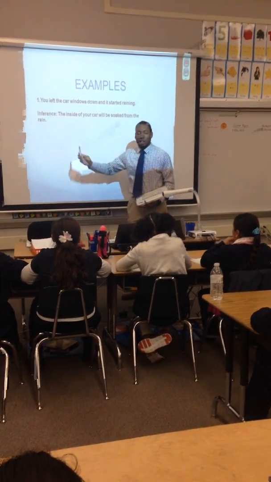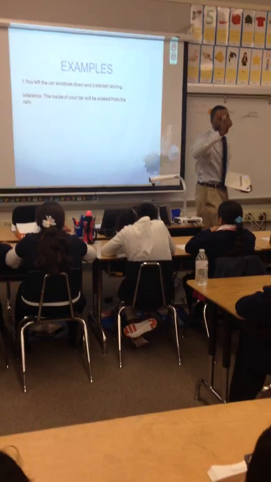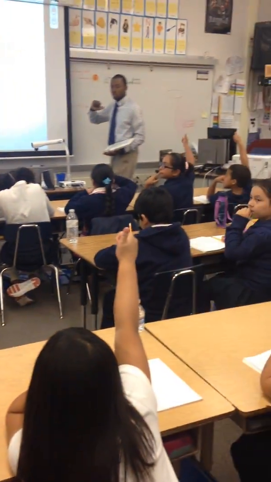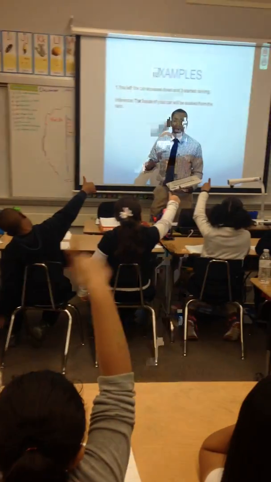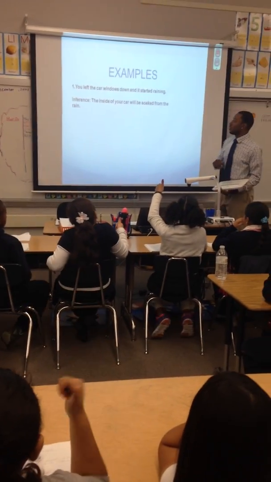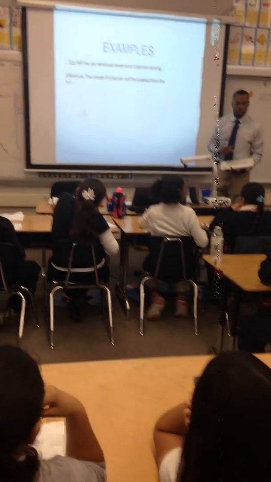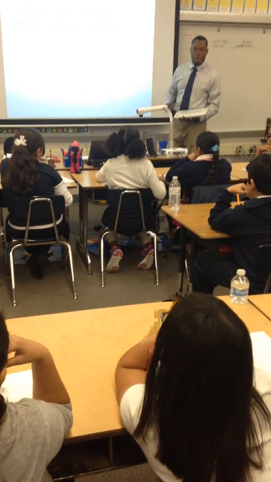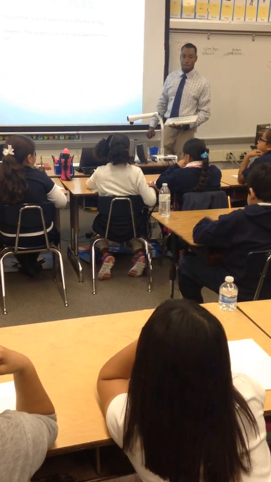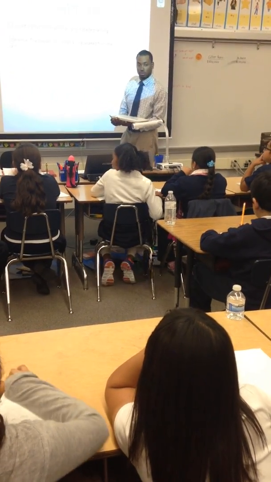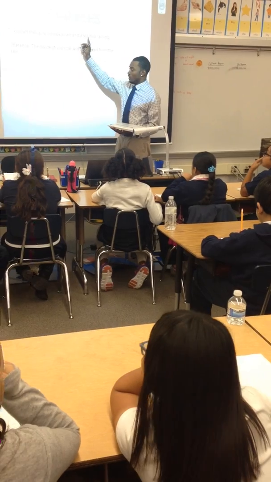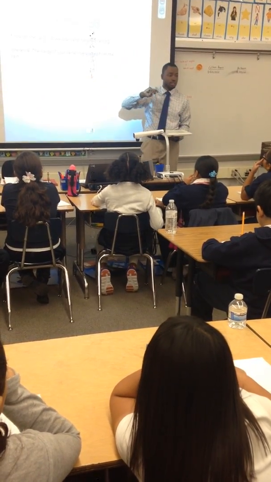Let me see a thumbs up or a thumbs down if you think this is a good inference. Good. Audrey, why would you say that this is a good inference? Did we take the information from the text? Class, did we use the information from the text to make the inference? Yes.